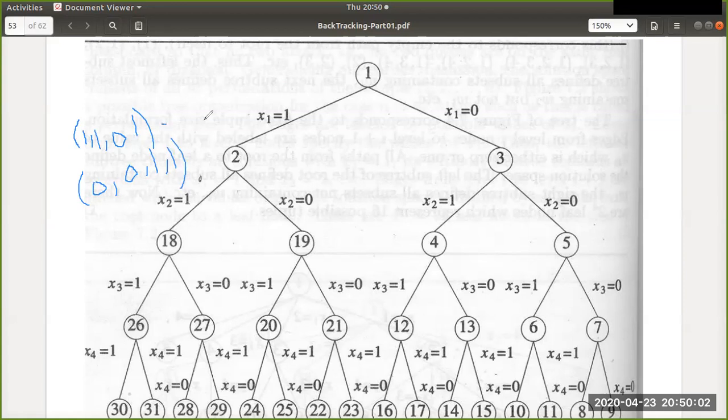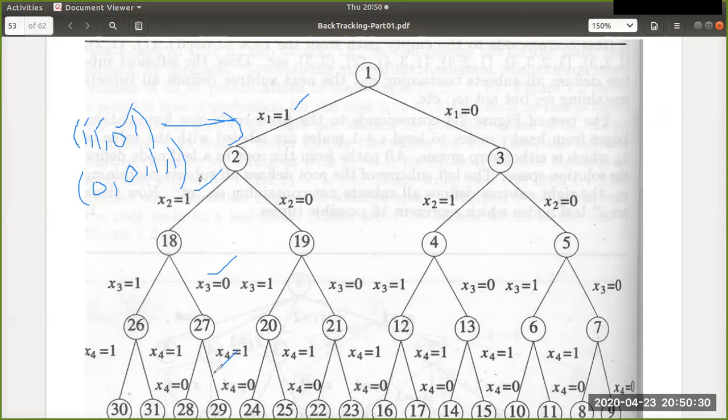Suppose if I see this one here, yes, first item weight is included. Second item weight is also included. Third item not included, and fourth item is included. Fourth item weight is included.